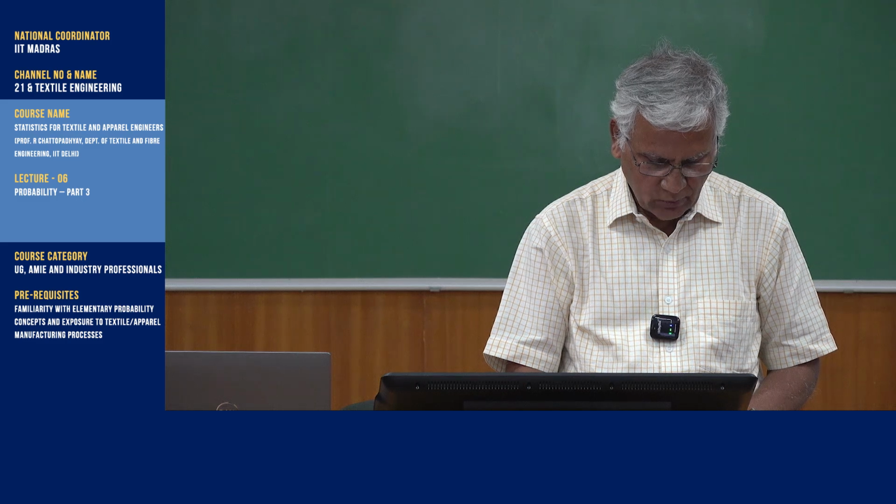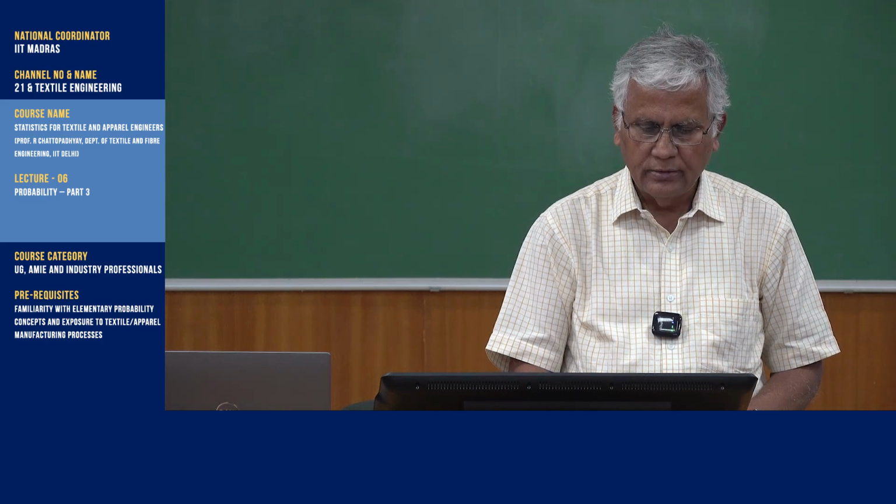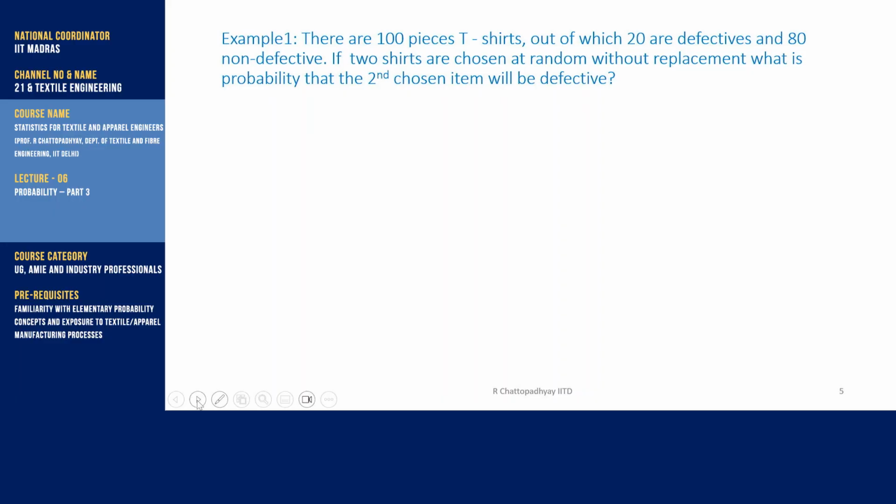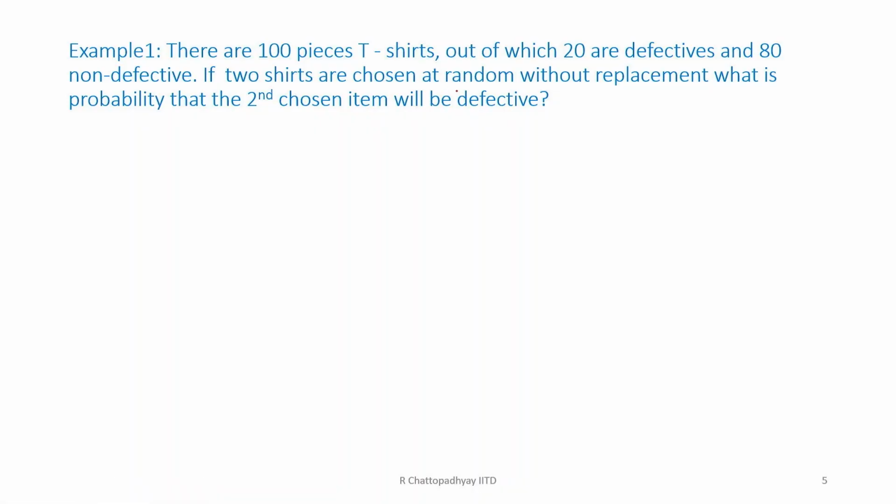So let us take one example. There are 100 pieces of t-shirts, out of which 20 are defective and 80 are non-defective. If two shirts are chosen at random without replacement, what is the probability that the second chosen item will be defective?